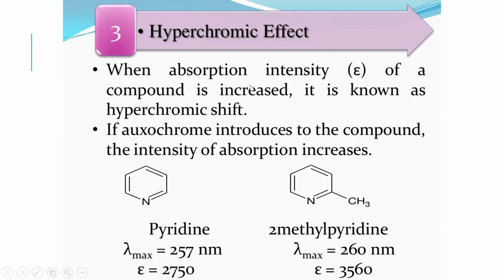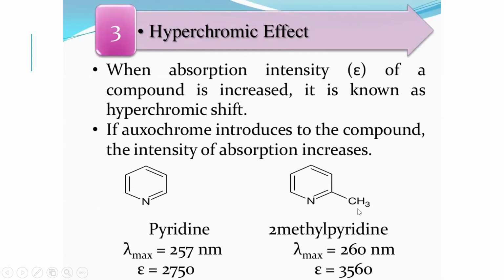When absorption intensity of the compound is increased, it is known as hyperchromic shift. Next term is hyperchromic shift. Example is pyridine. The epsilon value or molar extinction coefficient value is 2750.